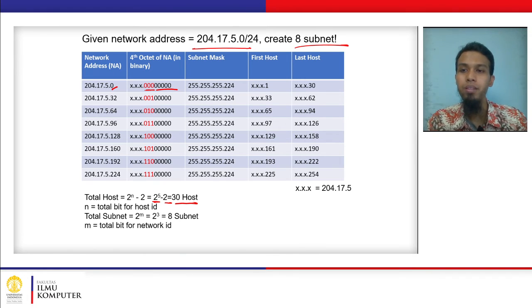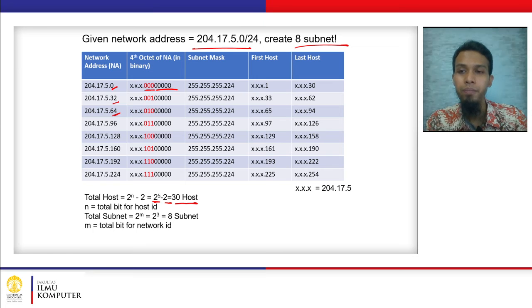The first network address is 0, and then 0 plus 32 becomes 32. This is the network address, or the first IP address, of the next subnet. And then 32 plus 32 gives us 64. This is for the third subnet.